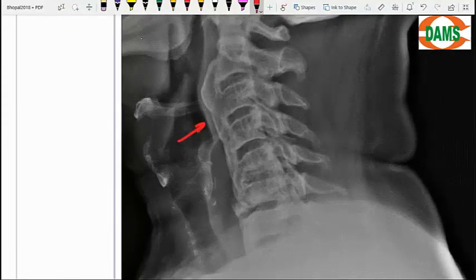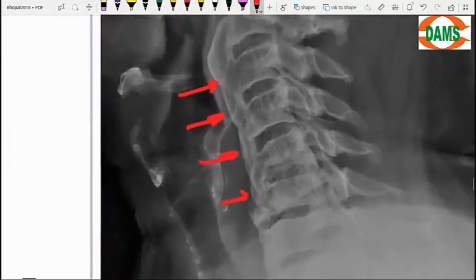Can you see there is ossification here? Look at this part. Okay, what structure is this? Anybody? This is your anterior longitudinal ligament. This is not syndesmophyte.